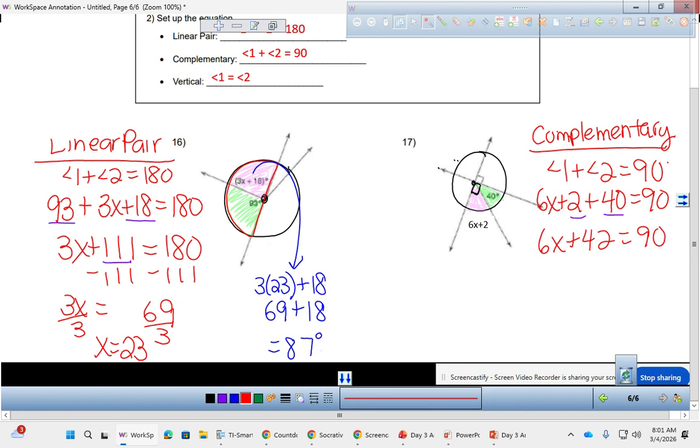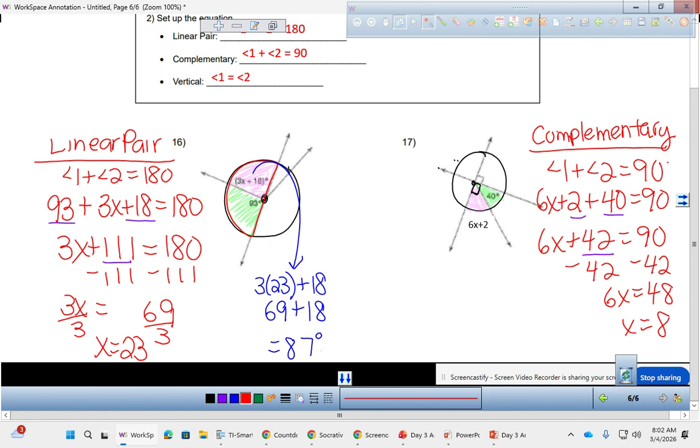So that's where this 42 is coming from. If you divide by 6, you get that x equals 8.